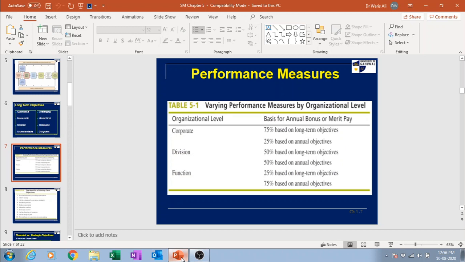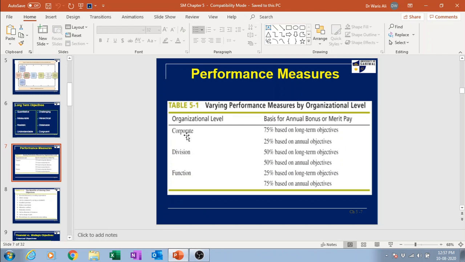It is usually mentioned that 75% of the objectives at corporate level are long term, while at functional level 75% of the objectives are short term or annual. It means that long term and short term objectives vary with respect to organizational level.